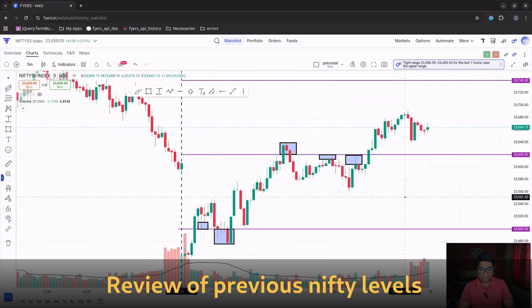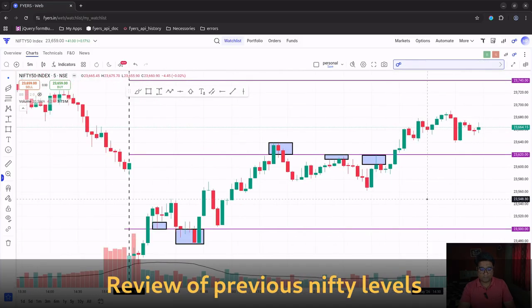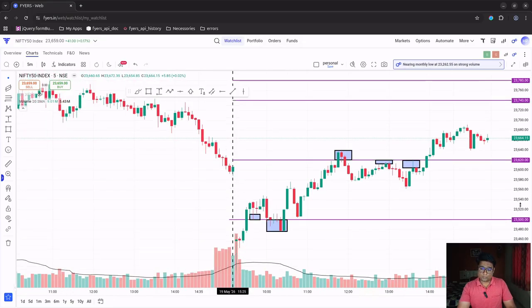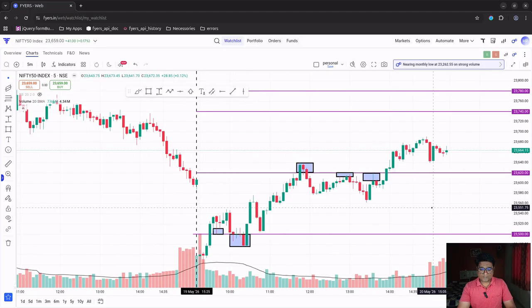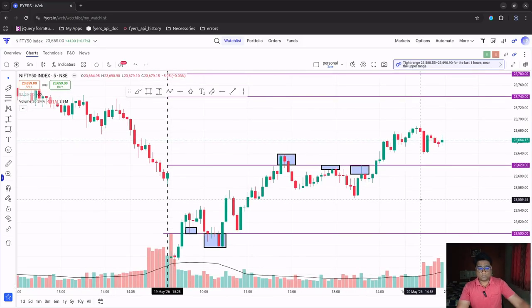We will backtest that in our volume analysis video in a couple of days, whether it works or not. Otherwise all the volumes which are above the moving average line should give you a decisive move, either bearish or bullish, but it doesn't happen. So price action is the key. That's how today's levels have panned out.